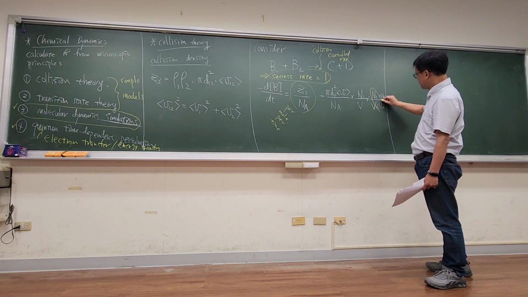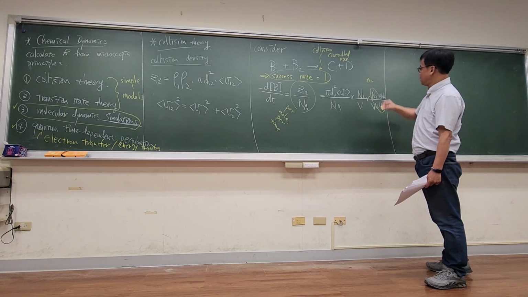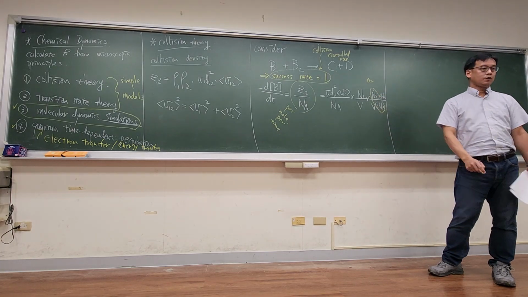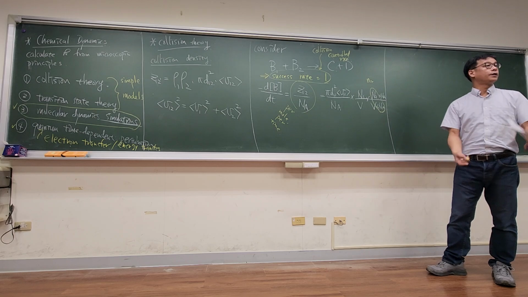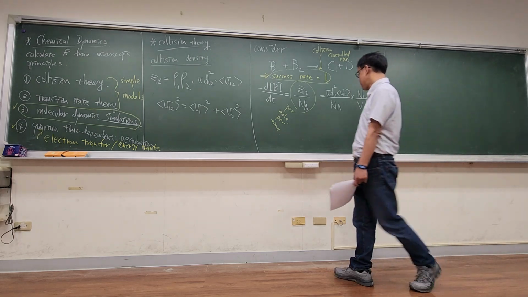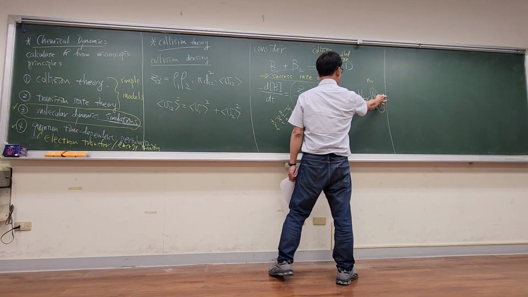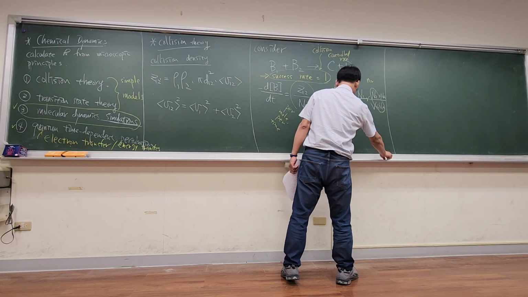So this will be, and when divided by volume, you have the concentration for that part. So this then became, this one goes with this one.